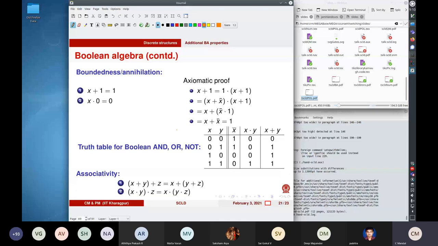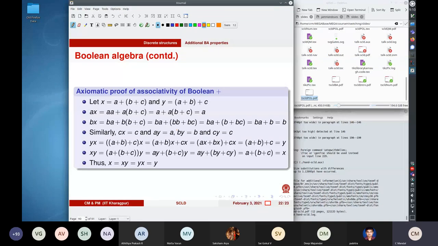Then you have the associativity properties, which can also be proven using Huntington's postulates. These are some steps which you can just follow to establish the proofs. You can just go through these yourself.